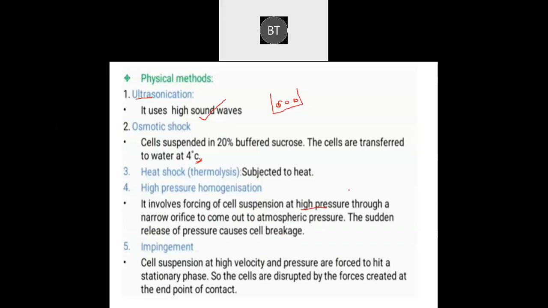So now what has happened? There is a small orifice into which your cells are forced at a very high pressure, and because of this there is breakage of the cells.